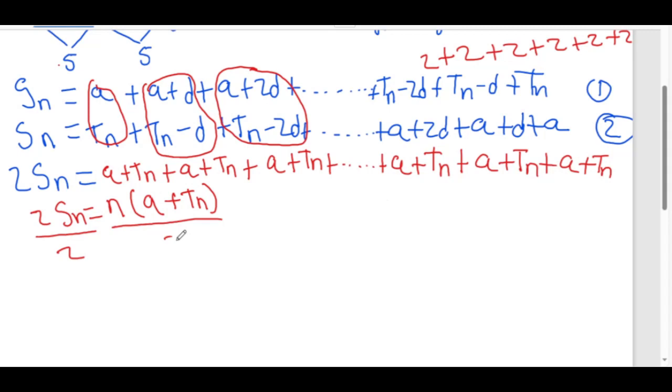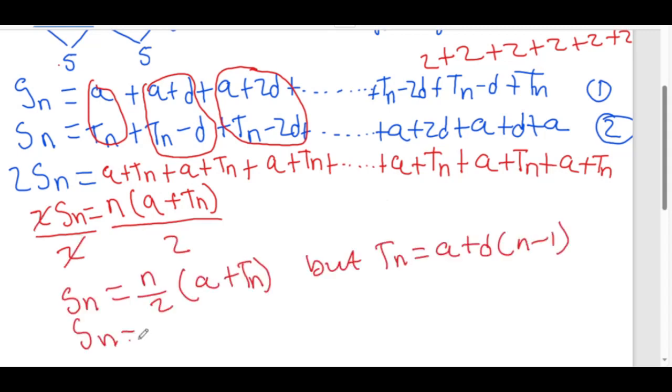Remember, Tn is equal to a plus d into n minus 1. So now we substitute: Sn equals n over 2 into a plus, but Tn is a plus d into n minus 1.